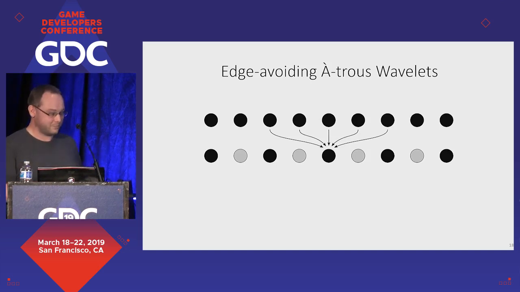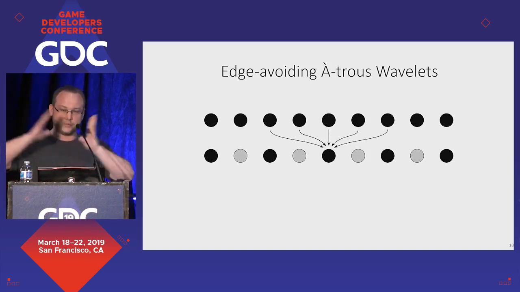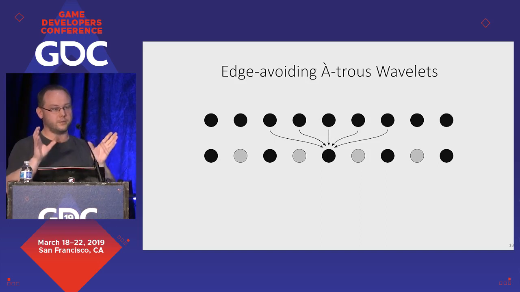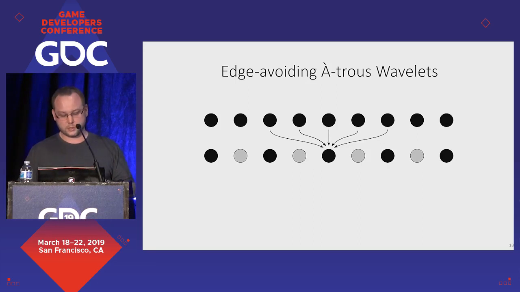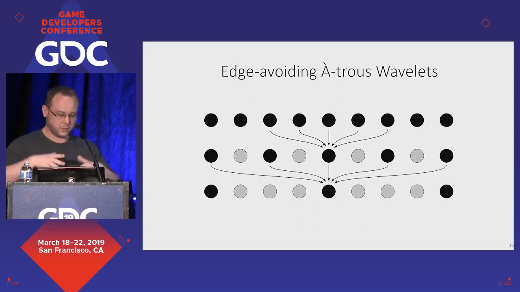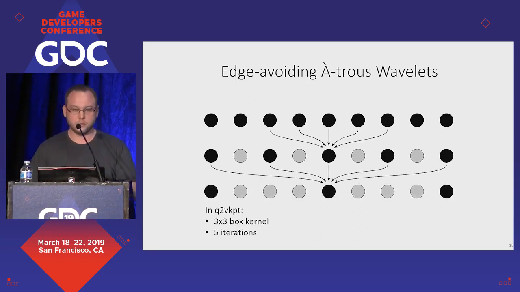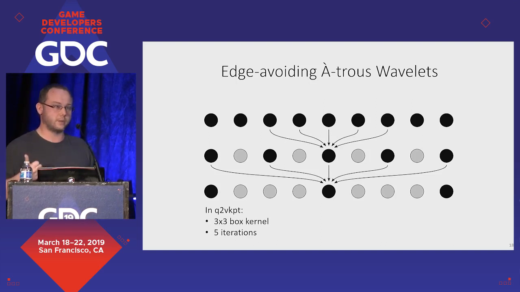So you spread out this filter kernel, and this means that each of the pixels in the previous iteration already contains information from a neighborhood, and this means that it's growing very rapidly, so you only need very few iterations. This is what you see here, and in Q2 VKPT we actually only use a 3x3 filter kernel, so it's even the box kernel, and we use 5 of these filter iterations, and this is why it can be so efficient.